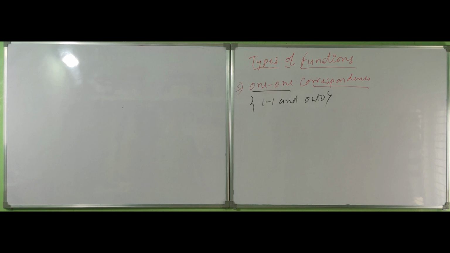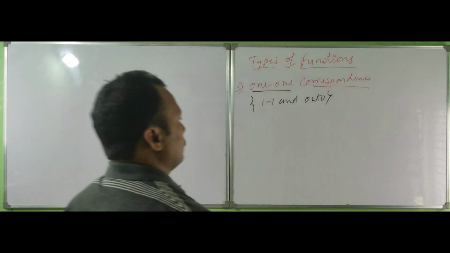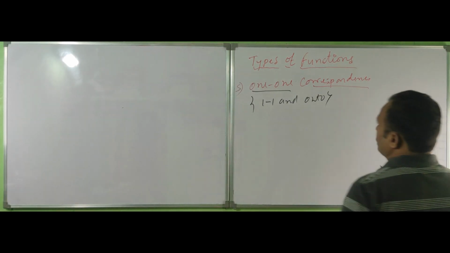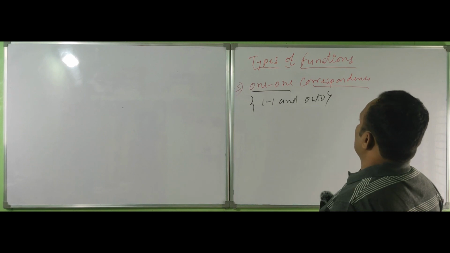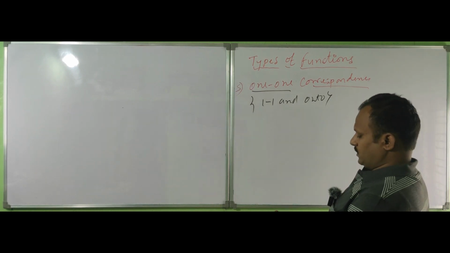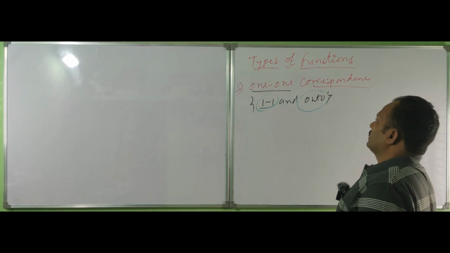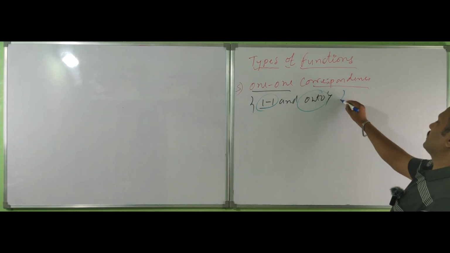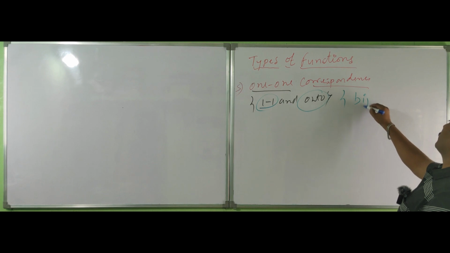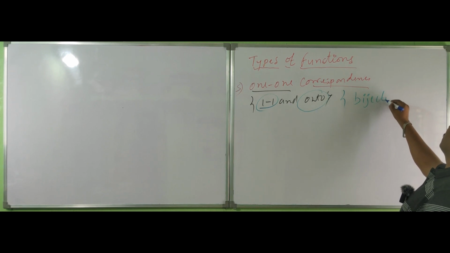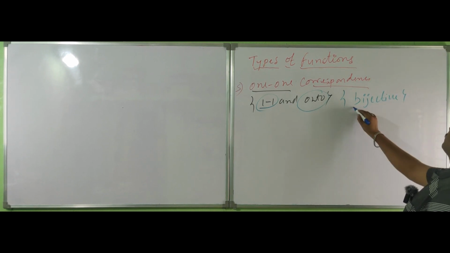The last one is one-one correspondence. Simple definition: if the function is one-one and onto, then it is called bijective. You can also call it a bijective function.